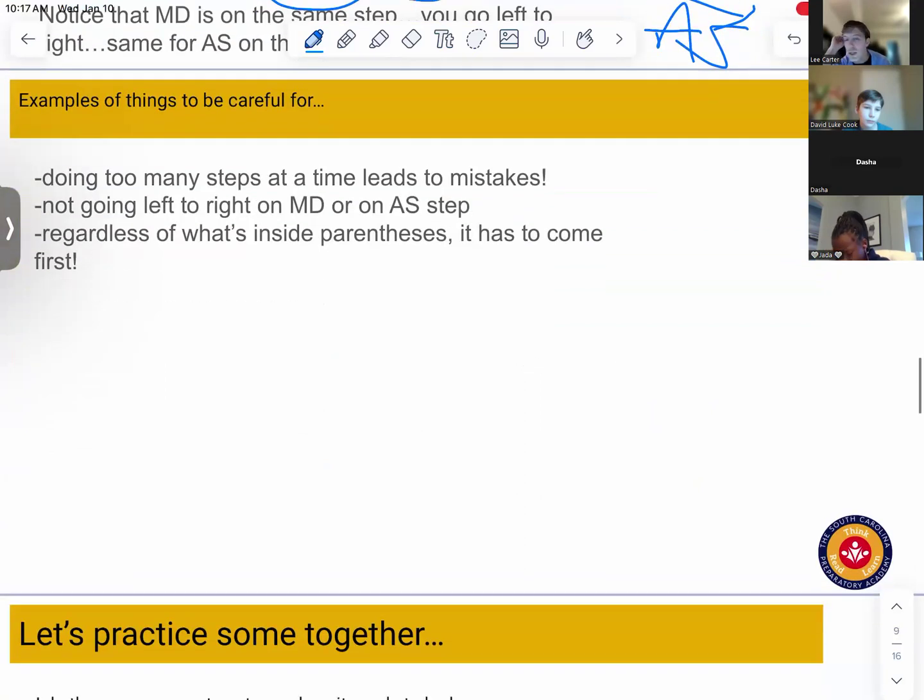Okay. Now, here's the things to watch out for. With order of operations, trying to do too much at one time leads to mistakes. We even saw this on our exponent stuff. Like some of y'all are really smart. You are. But part of being a really excellent math student is paying attention to detail, being careful.